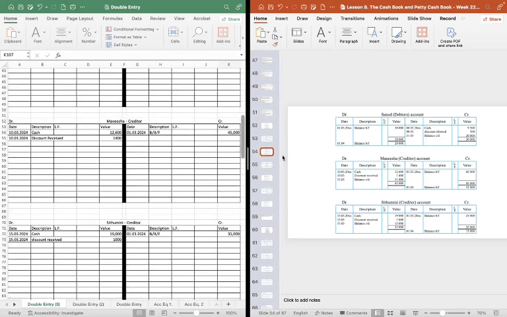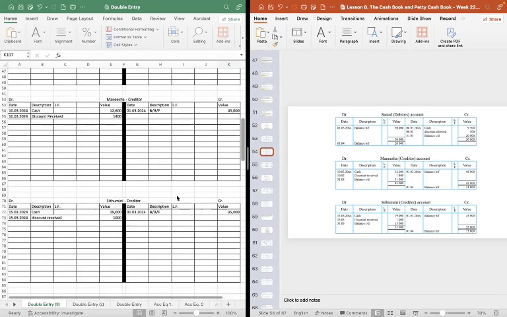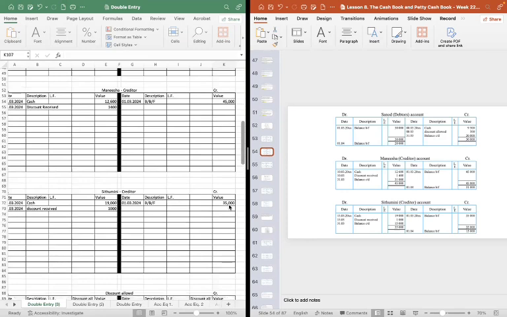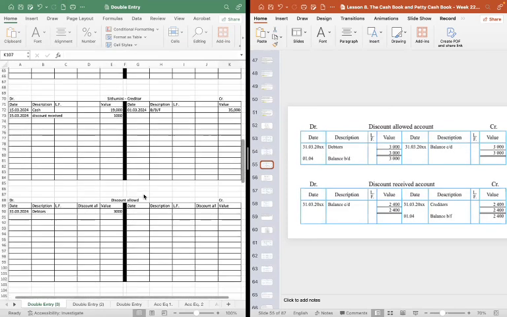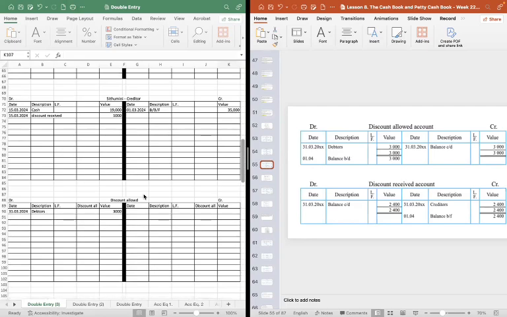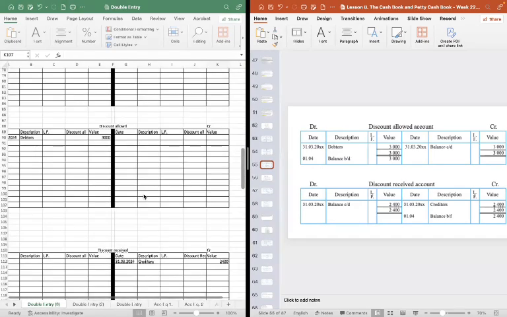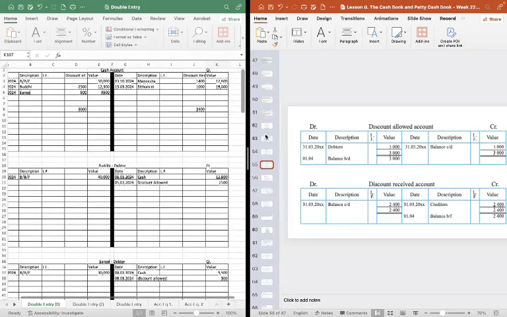Manisha, correct. Settlement, correct. Then discounts allowed, 3,000, correct. Okay, all the entries are correct.